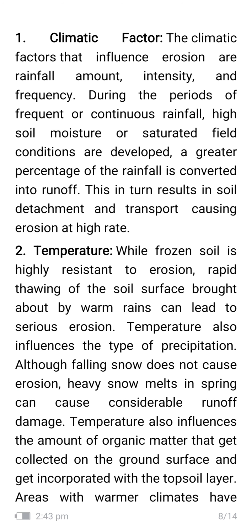Then next one, temperature. Frozen soil is highly resistant to erosion, but rapid thawing of the soil surface brought about by warm rains can lead to serious erosion. Temperature also influences the type of precipitation. Although falling snow does not cause erosion, heavy snow melts in spring can cause considerable runoff damage.